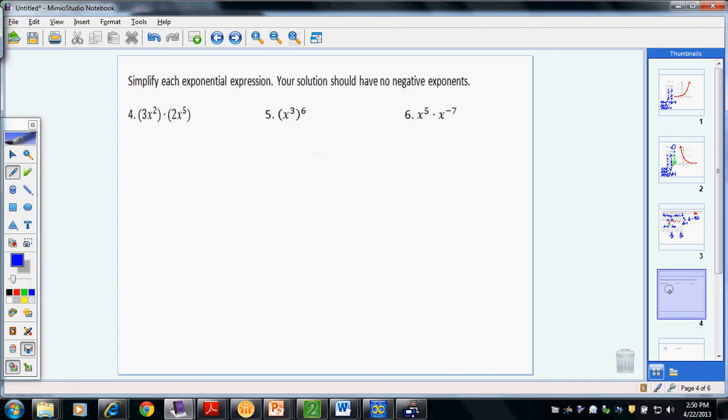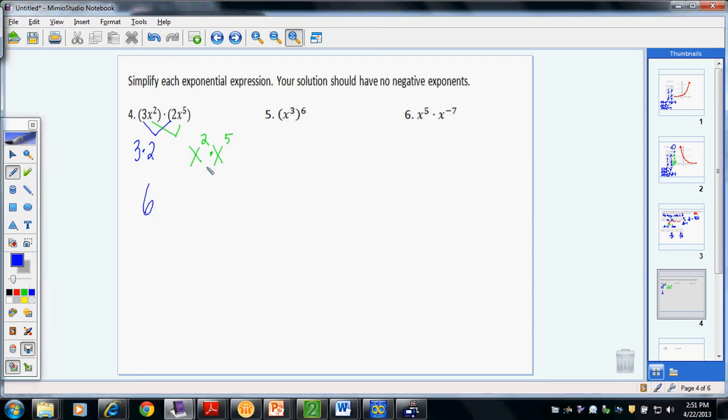All right, so let's look at these right here. What we're doing is multiplying, matching our variables to our exponents and our coefficients. So we're going to multiply our coefficients, 3 times 2, and we're going to multiply our variables. We have x squared times x to the fifth. Well, again, we know that 3 times 2 is 6.